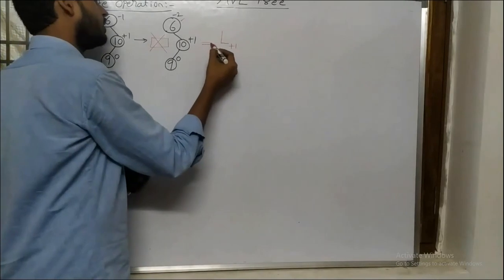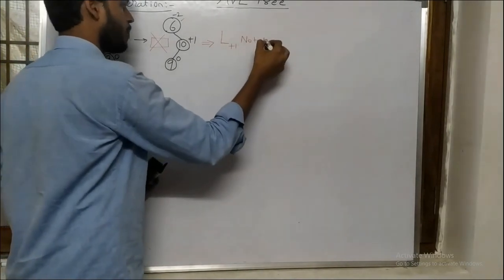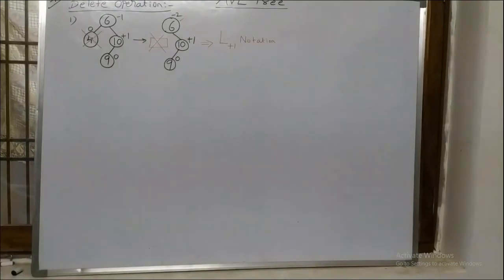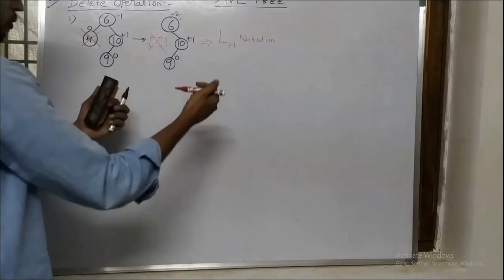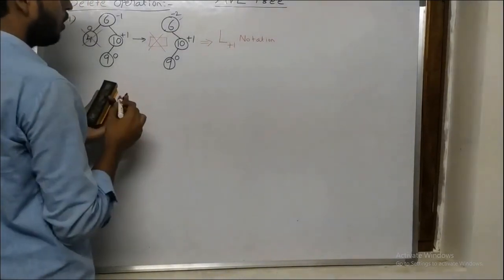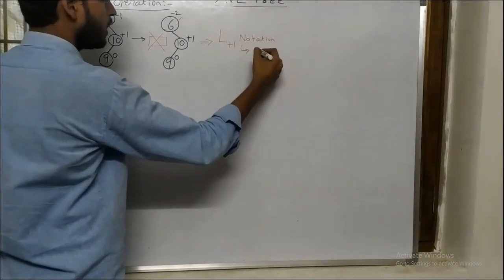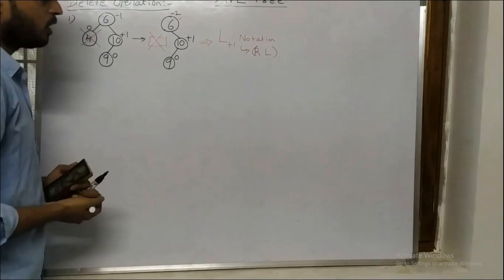Then this kind of situation we call L plus 1 notation. So when L plus 1 notation occurs, what do we need to do? We need to apply RL notation.